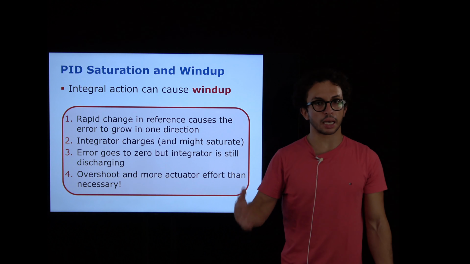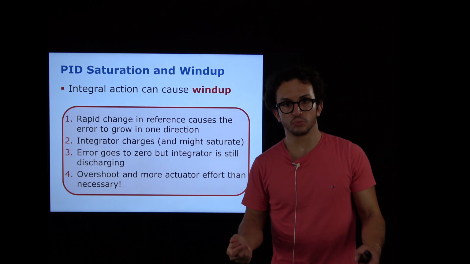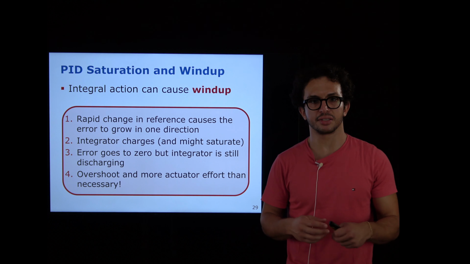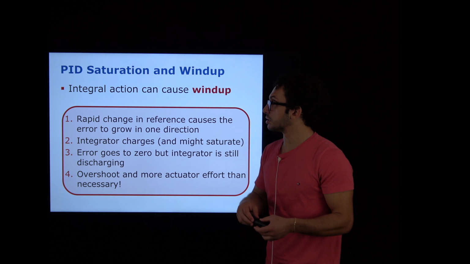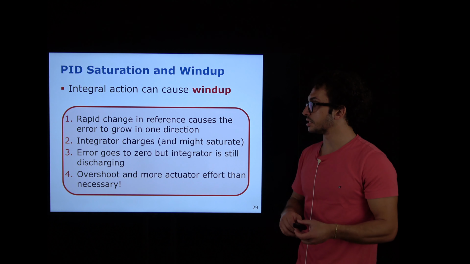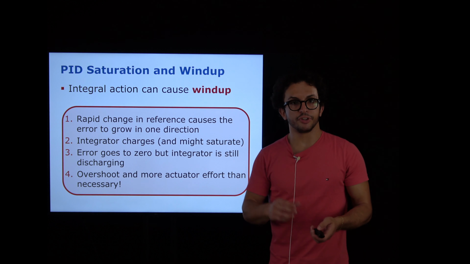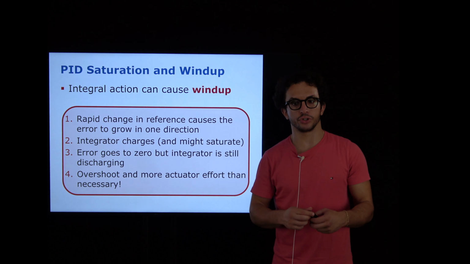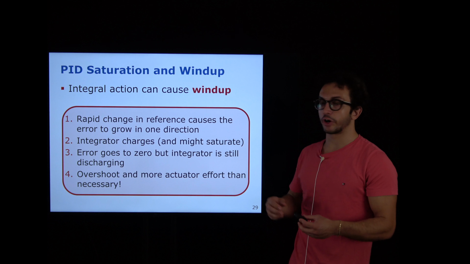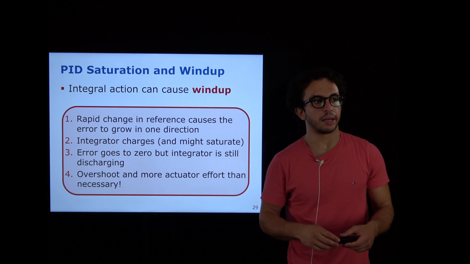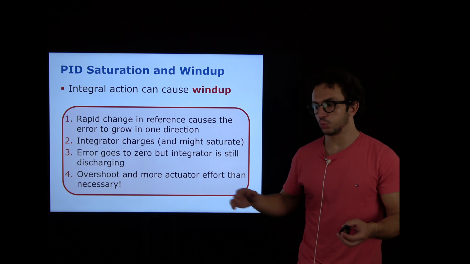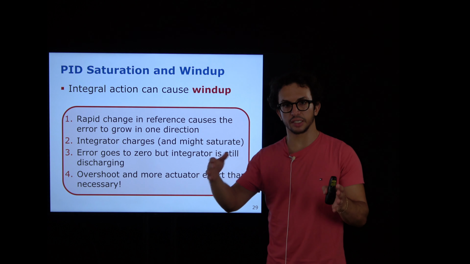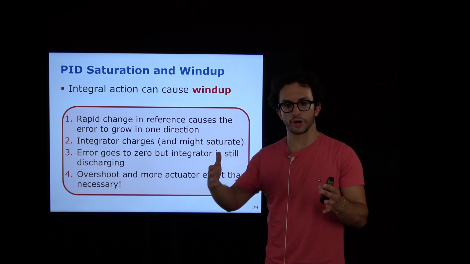Of course, there are some ways to reduce it, or to try to control and smoothen this process. Some of this is not really part of the course, but I'm going to mention it for those who are curious. One is called conditional integration. We have this problem that when the integrator charges, it might saturate and then it keeps going on.